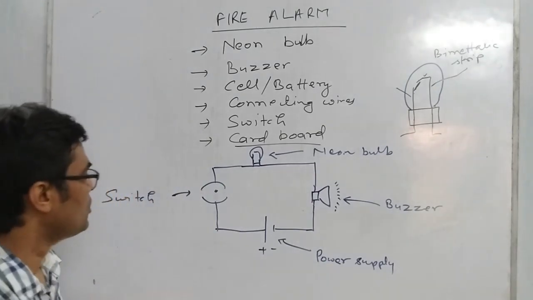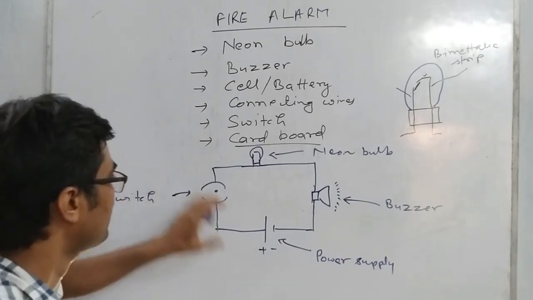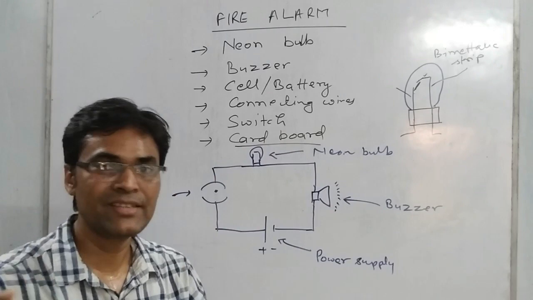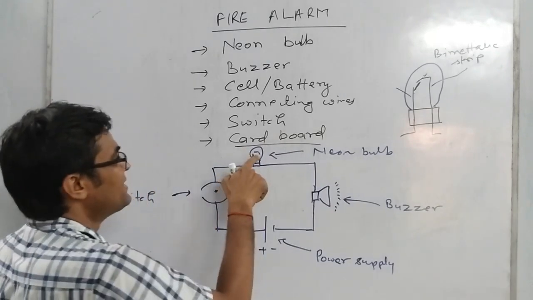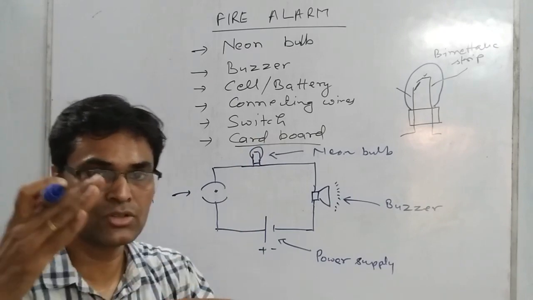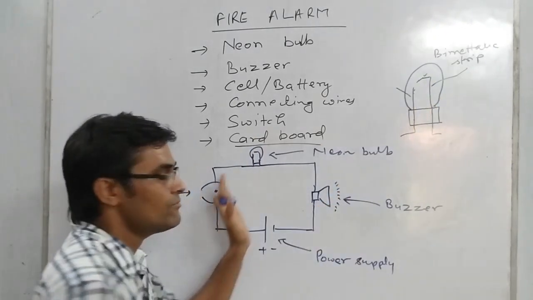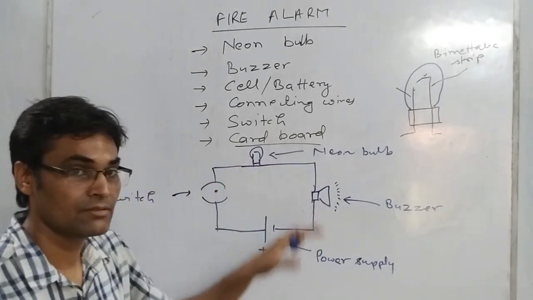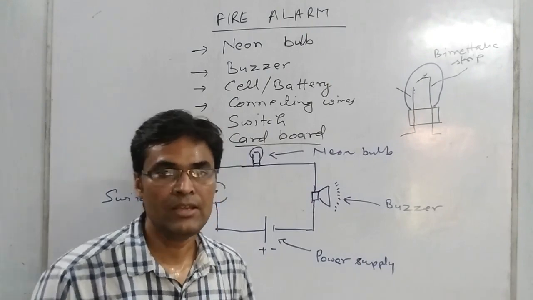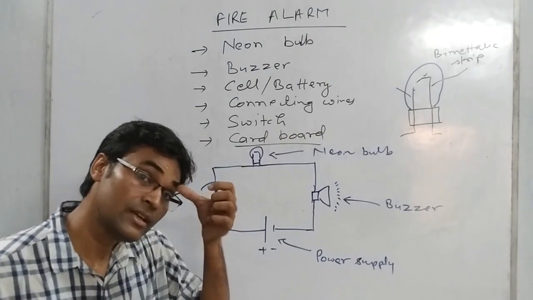If the switch is connected, at the on position, at the initial condition when there is no fire, the bimetallic strips are open to each other, not close to each other. So no current will pass through this circuit, as you all know that current passes only when there is a closed path for the current to flow.